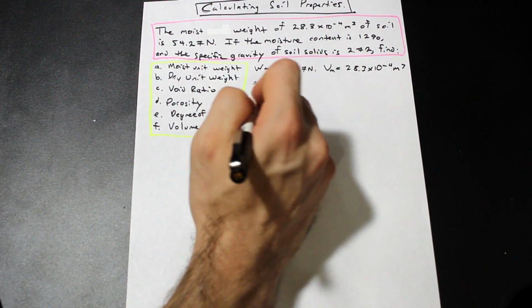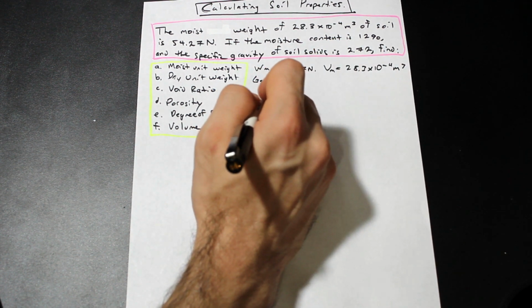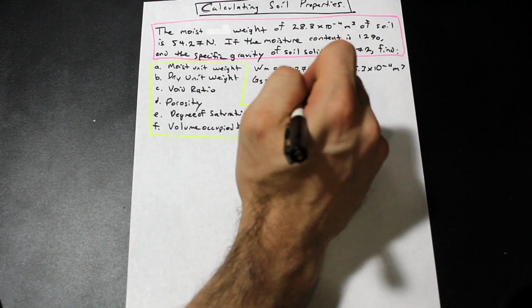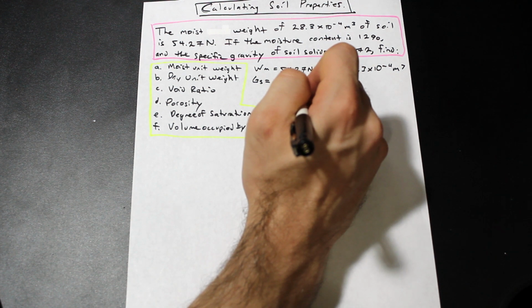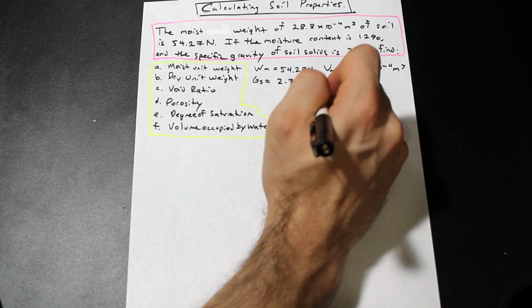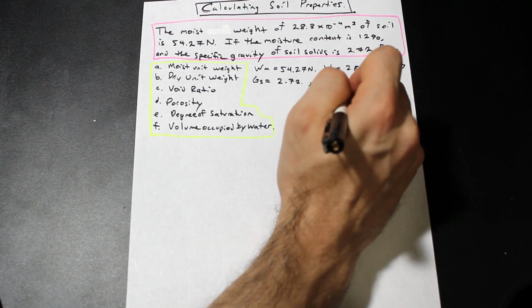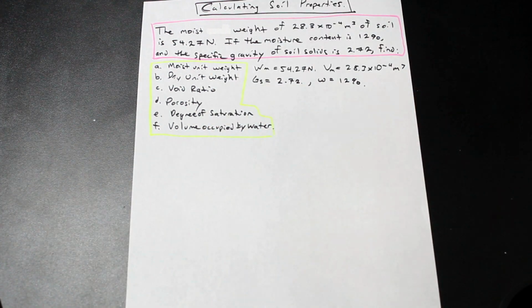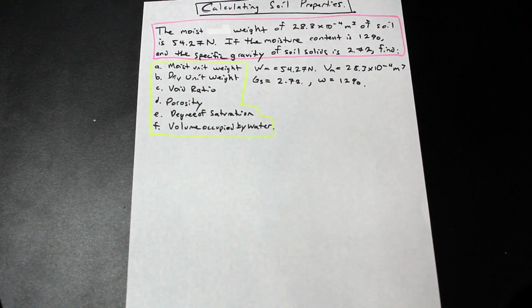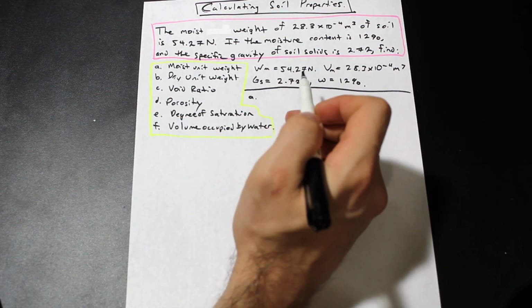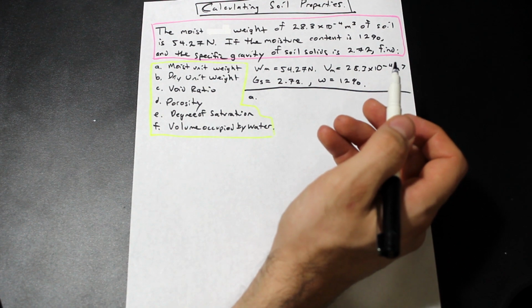We're given the specific gravity of solids, essentially the density of the solid portion of the soil, that's 2.72. And we have moisture content equal to 12%. Cool. So now that we've outlined what we've been given, let's start by solving the first question.